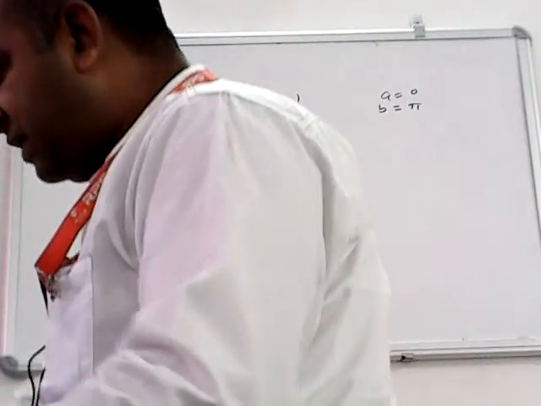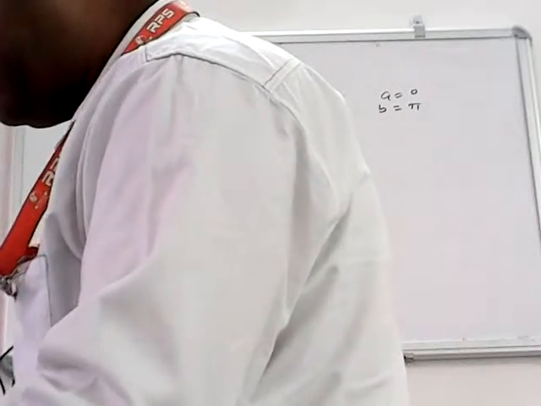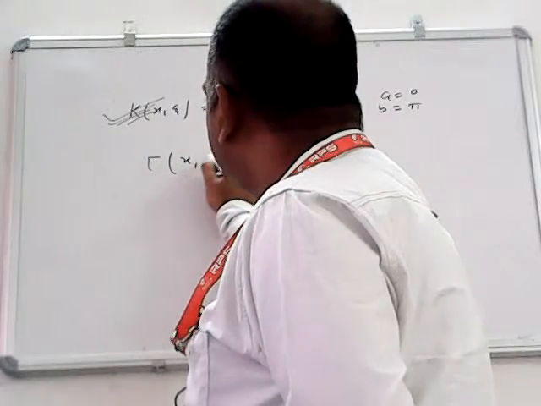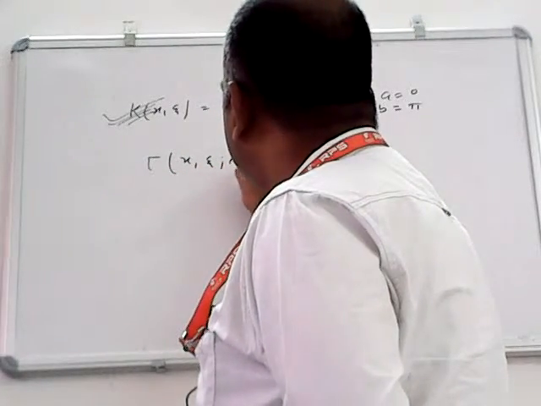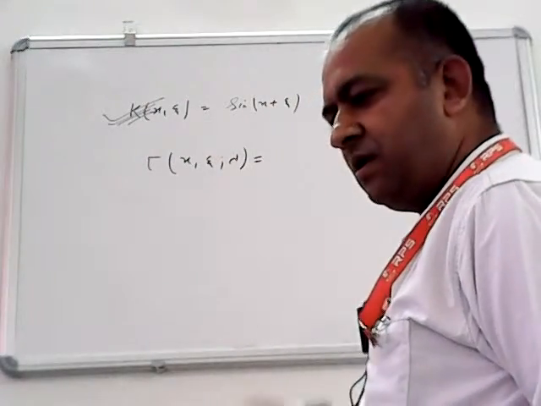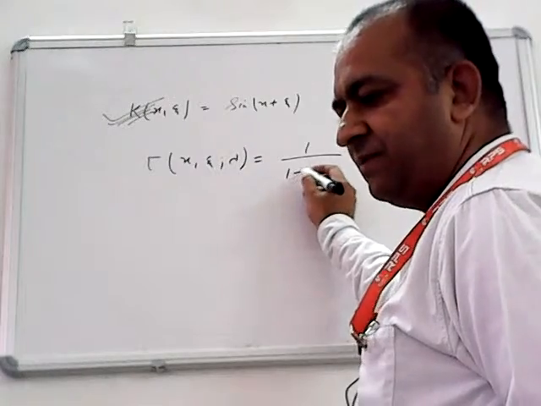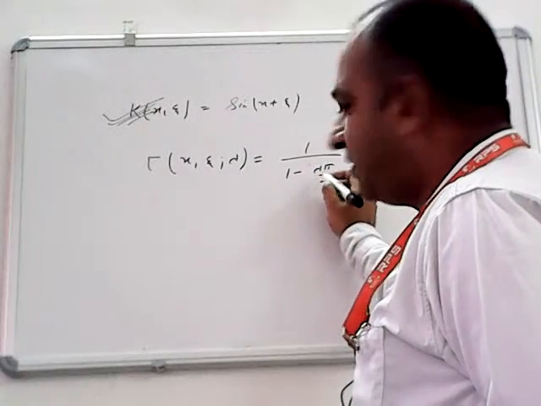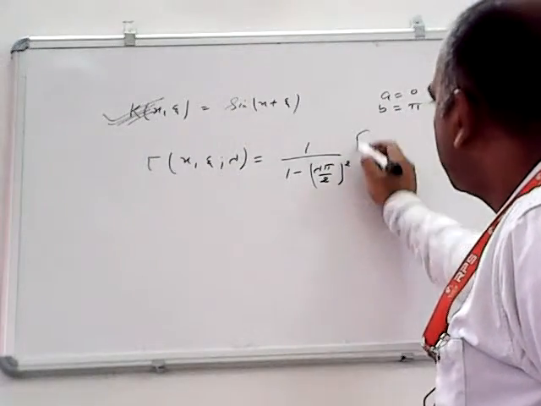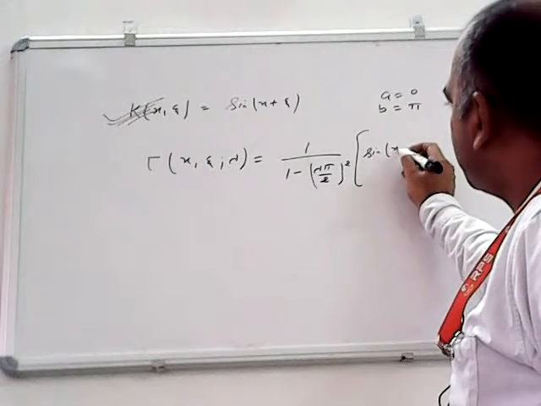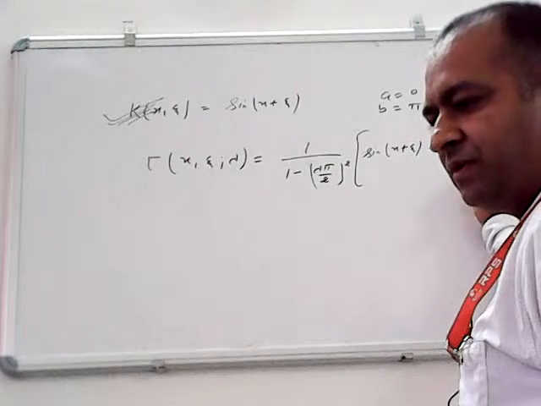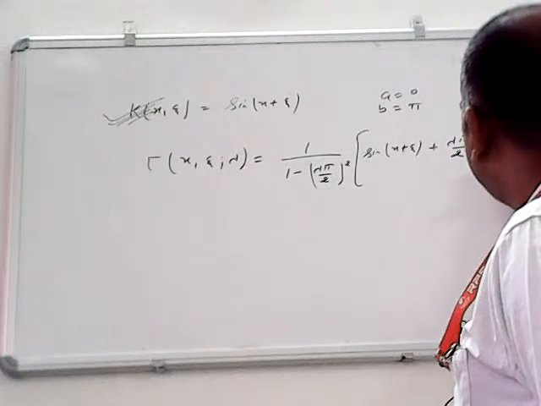In this particular case we are getting our answer of the resolvent kernel Γ(x, ξ; λ) equal to 1/(1 − (λπ/2)^2) times [sin(x + ξ) + (λπ/2) cos(x − ξ)].